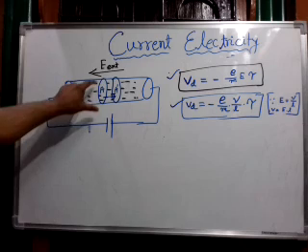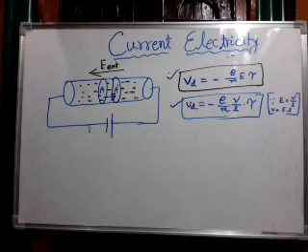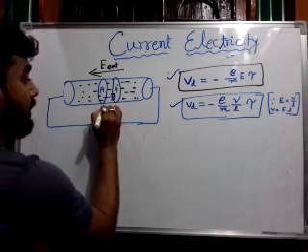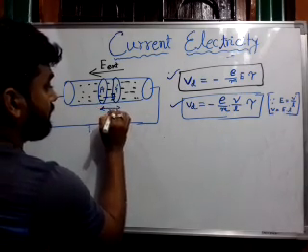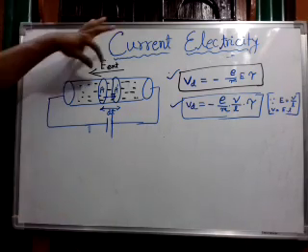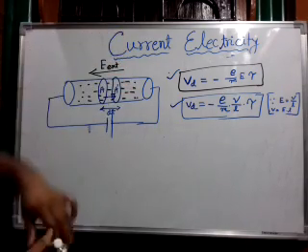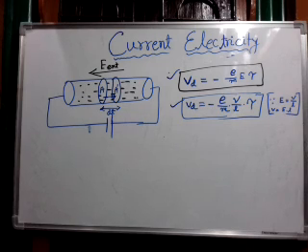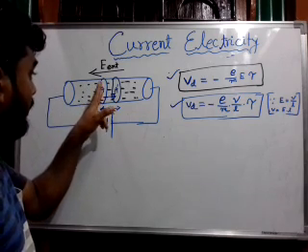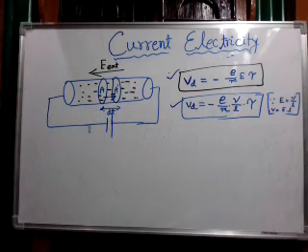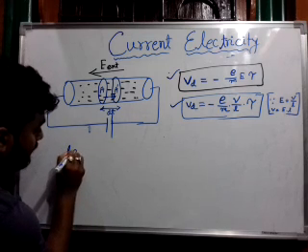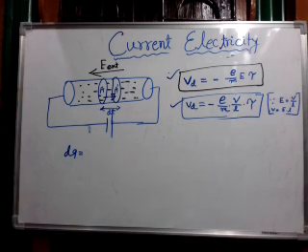Let the time be dt, because a small displacement requires a small time. At time dt, the charge passes from A to A dash. Let dq be the amount of charge passed.